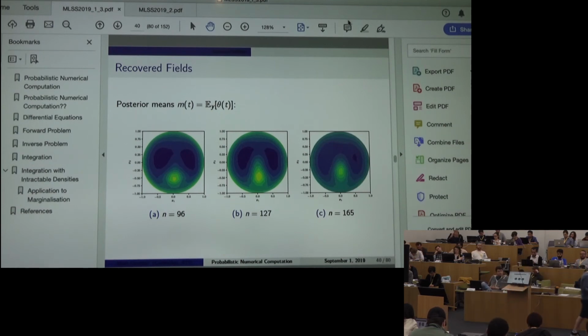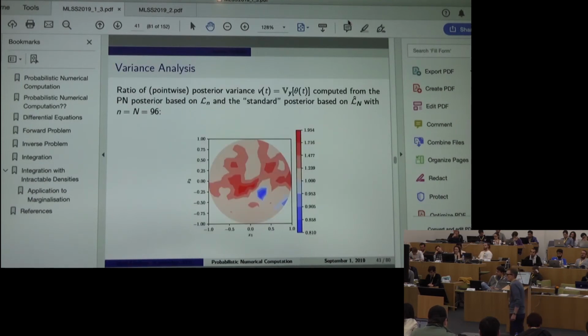So in terms of reconstructing the actual unknown conductivity field, it seems to be doing quite a reasonable job.